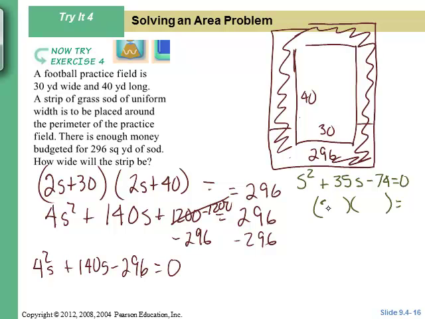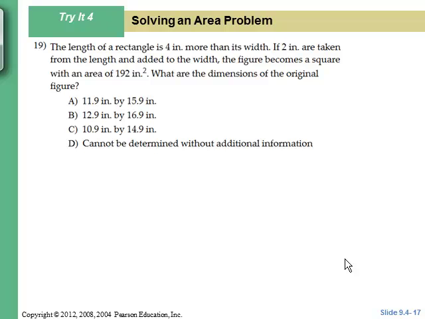Okay, so s plus 37, s minus 2 equals 0. So s equals negative 37 feet or positive 2 feet. Obviously, it's going to be positive 2 feet because otherwise it wouldn't make sense. Another problem.